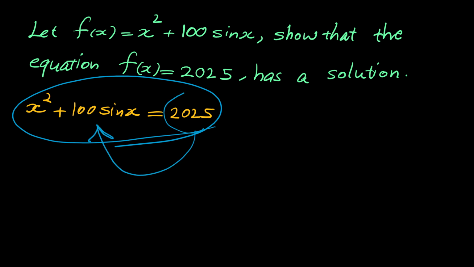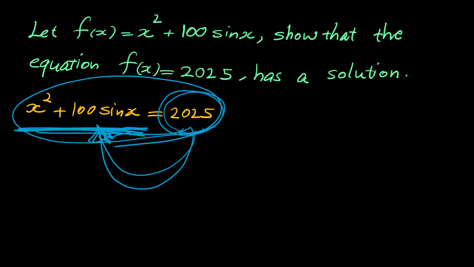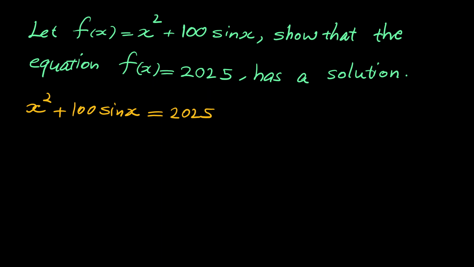So here, move 2025 to the left side, or in another way, subtract 2025 from both sides of this equation and name it a function, not f of x, because we already have f of x, something like g of x or h of x, whatever you want. So let's define, for example, g of x here.